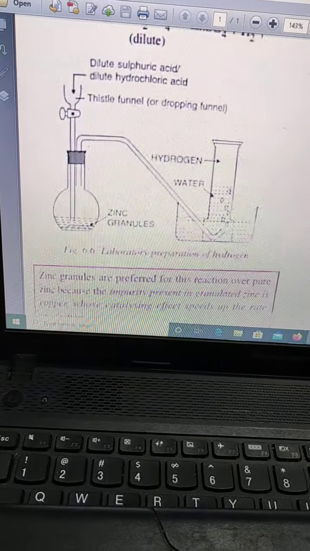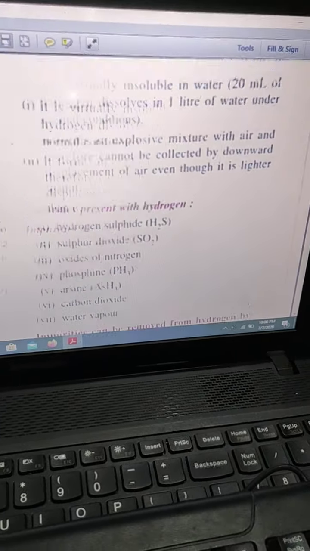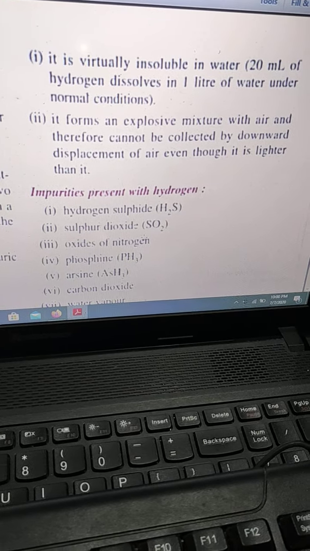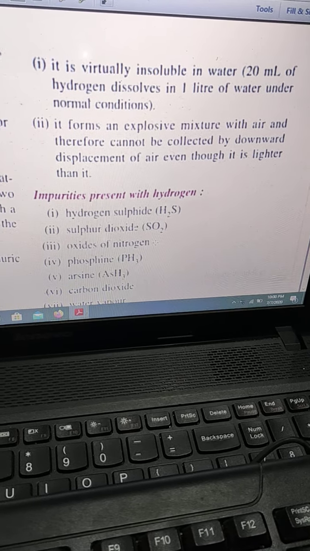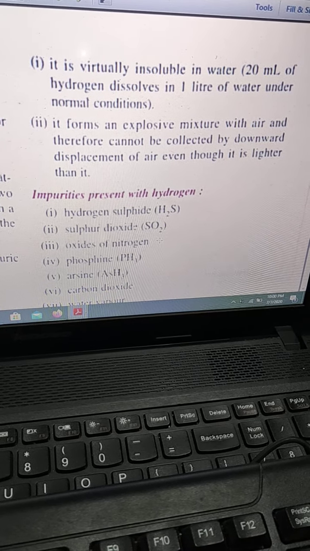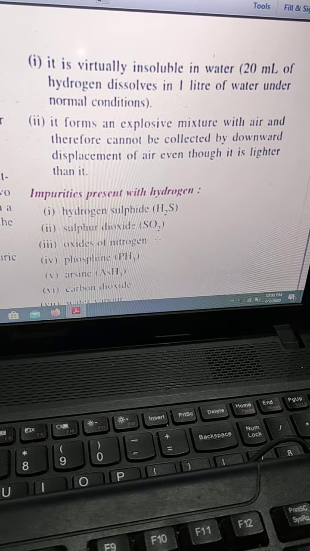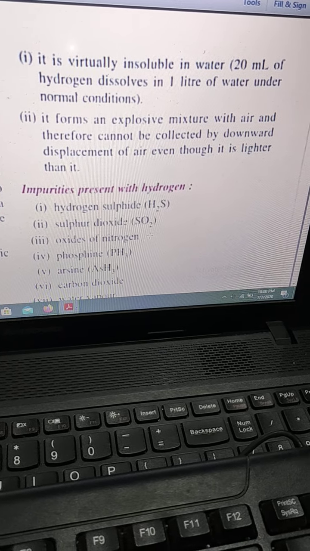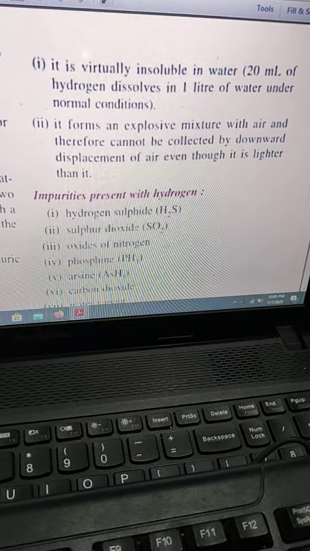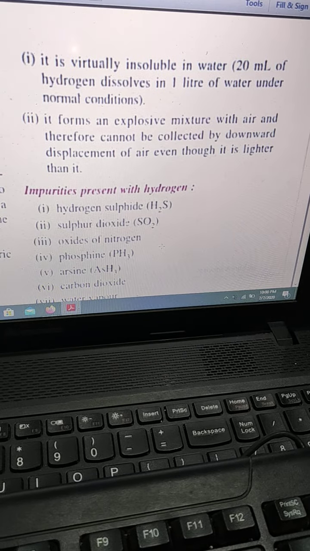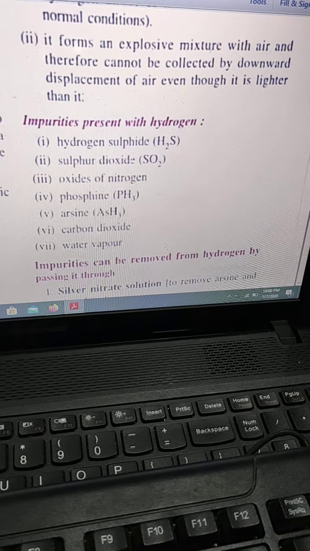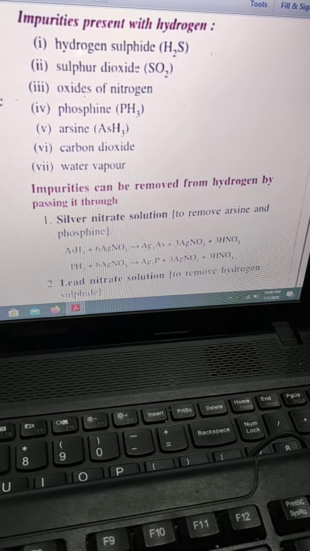The reason is, one, it is virtually insoluble in water, and two, it forms an explosive mixture with air and therefore cannot be collected by downward displacement of air even though it is lighter than air. We cannot collect it by the downward displacement of air because it is highly explosive in nature. So these are the reasons why it is collected by the downward displacement of water.